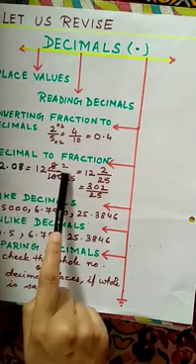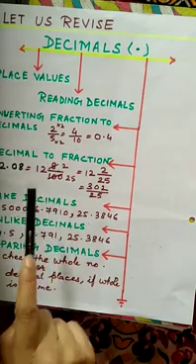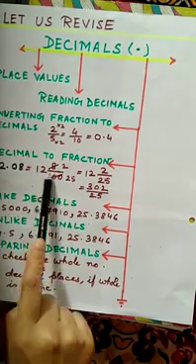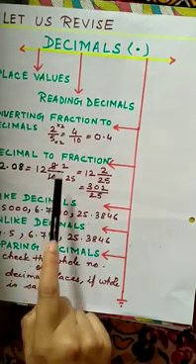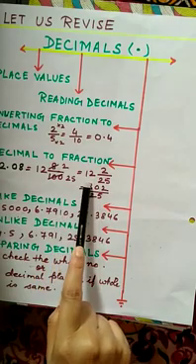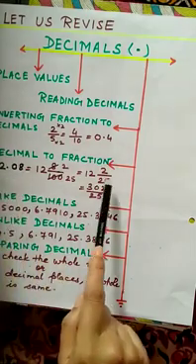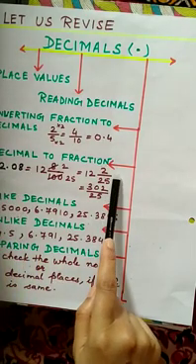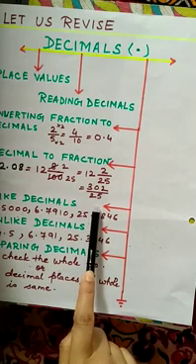So we write 8, and after the decimal we had 2 places, so 2 zeros here. Remember, we cannot cancel the whole number. We can only cancel the fraction. So we cancel this fraction to the lowest term and write 12 2 by 5. So we have changed this decimal number to a mixed number, and this can be changed to an improper fraction.